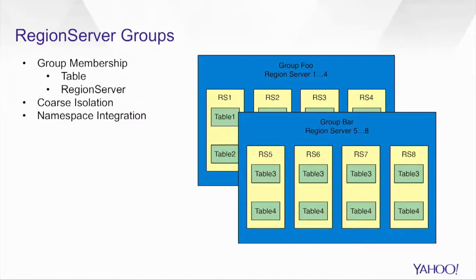You can potentially have a bigger block cache in some groups, or more handlers, or even tune the GC, because generally that would be a problem for different workloads. Not only that, but there are also namespace integrations with region server groups. If you tie a namespace to a region server group, then when you create a table, that table automatically gets assigned to that region server group.